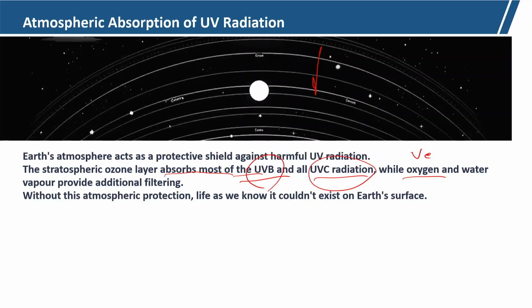We protect ourselves from whatever low-intensity UVA is coming through protective clothing. But imagine if this atmospheric protection was not there, then life could not actually exist on the earth's surface.